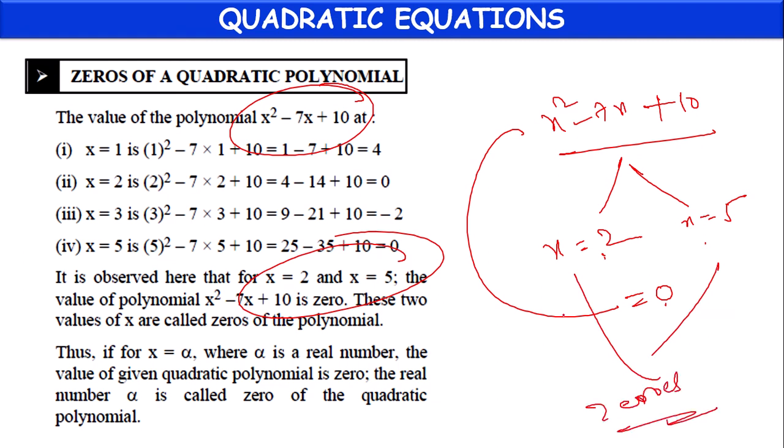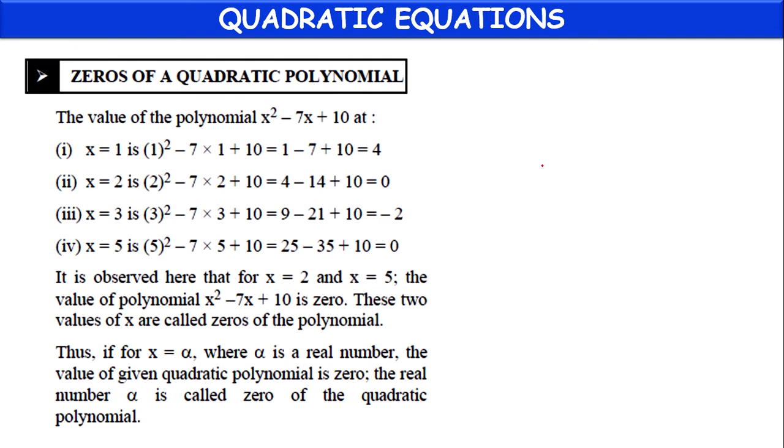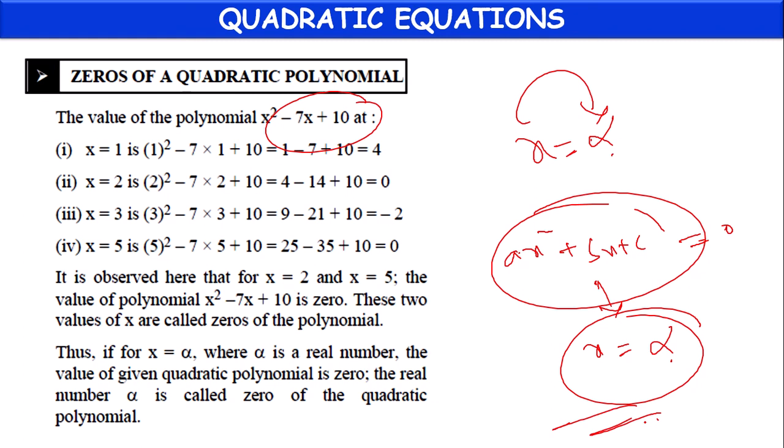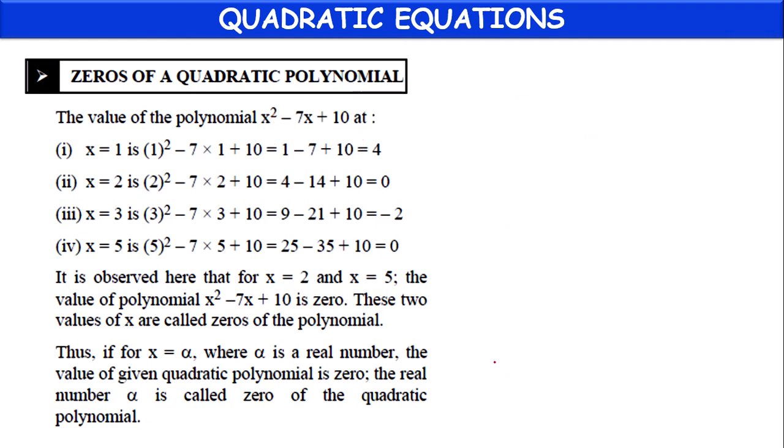Zeros of the given polynomial means if x equal to alpha, for x equal to alpha, if the polynomial ax square plus bx plus c becomes 0, when we keep x equal to alpha, then 0 of this given polynomial is x equal to alpha. Means the value of variable which makes the quadratic polynomial 0, that is called 0 of the quadratic polynomial.